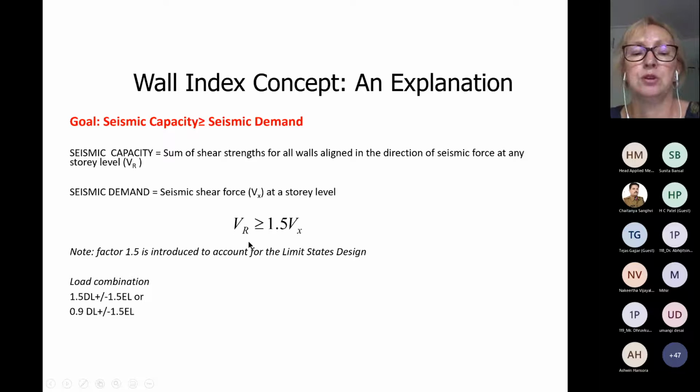We will see how to determine that. And on the right-hand side is the seismic force for the entire building. So it is not for one wall. We are talking at the base of the building. So this is the capacity at the base of the building, and this is the force at the base of the building. How do we determine this force at the base of the building? What do you think in India?